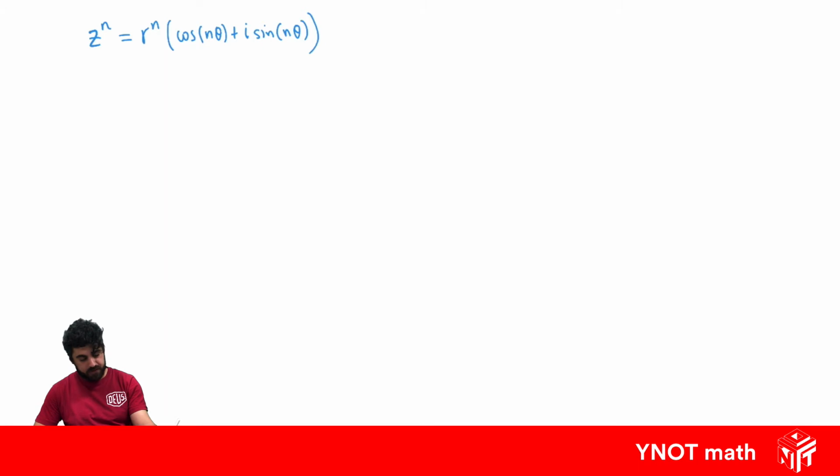So if we have, for example, how can we simplify cos theta plus i sine theta cubed? Well, we know if we have this all cubed, that's just going to equal cos of 3 theta plus i sine 3 theta.